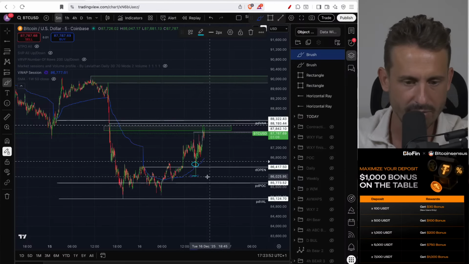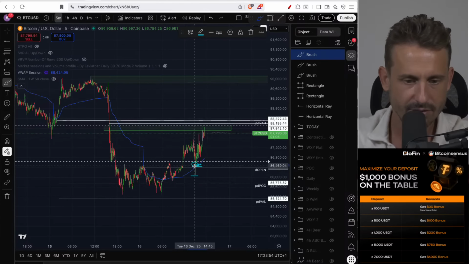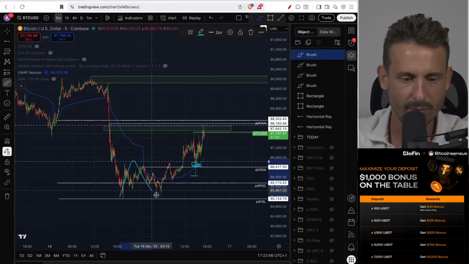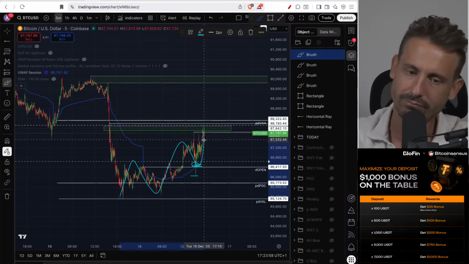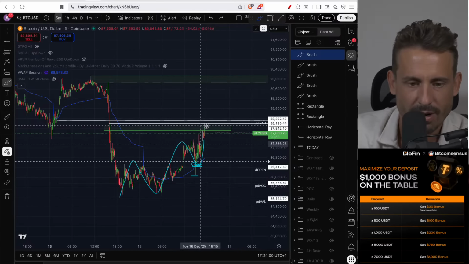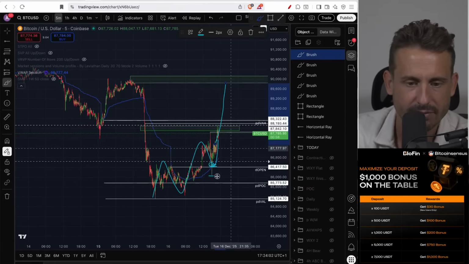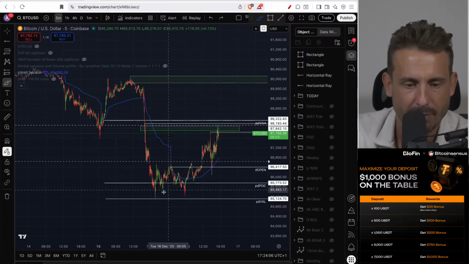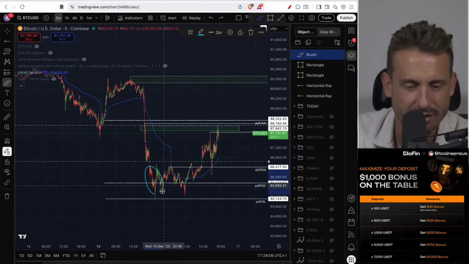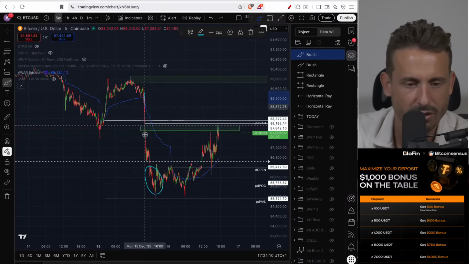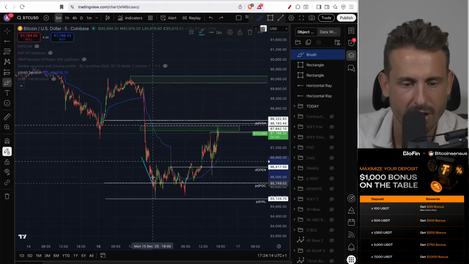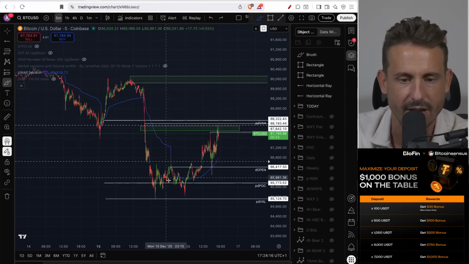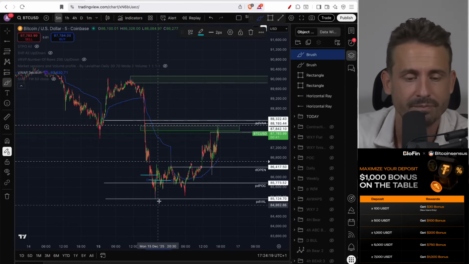Reclaim of the VWAP, stop loss. Interesting entry. The multiple 1-2s here. You would have to see volume kicking in here for that wave 3. But unless you longed in this region, which is the slowdown throughout yesterday, well, it was starting to slow down here. That's the interesting area to swing long.